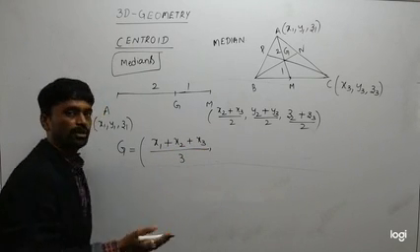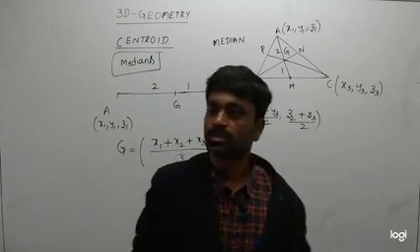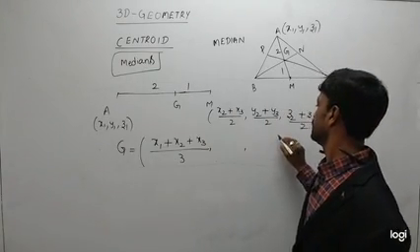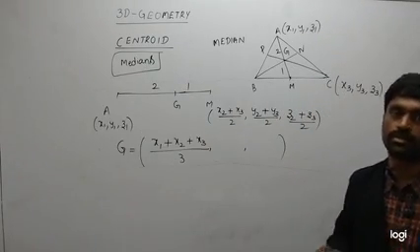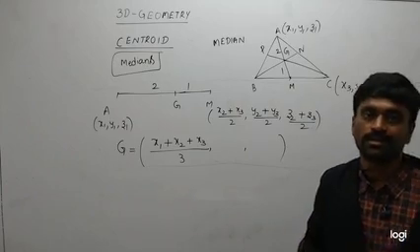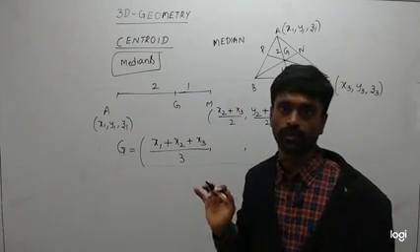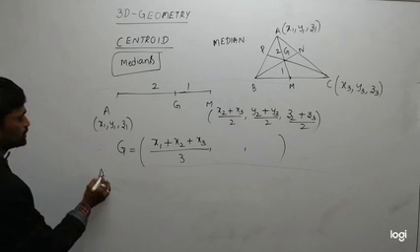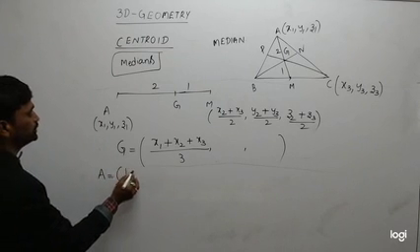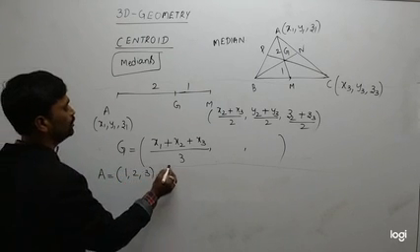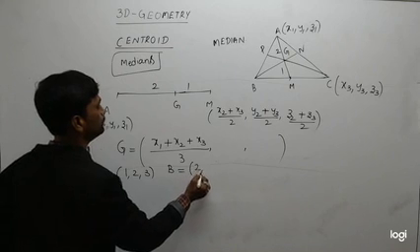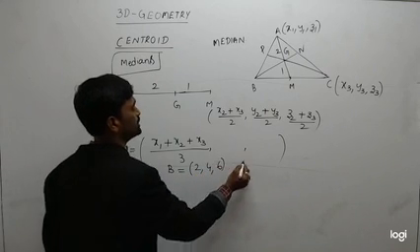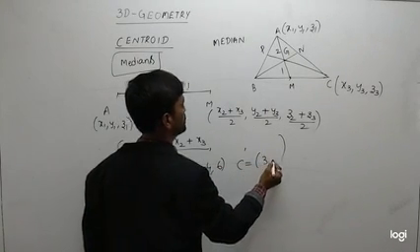Similarly, the y coordinate is (y1 + y2 + y3) / 3, and the z coordinate is (z1 + z2 + z3) / 3. This is the centroid of the triangle. Okay, so for example, suppose point A is given as 1, 2, 3, point B is given as 2, 4, 6, and point C is given as 3, 7, minus 2.